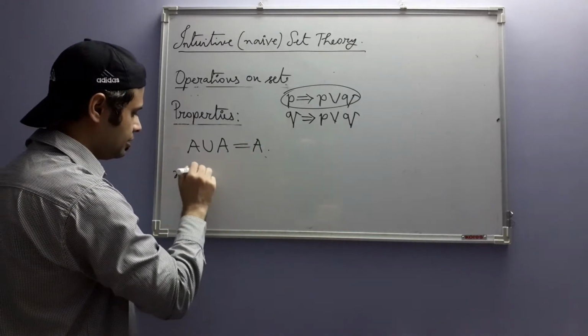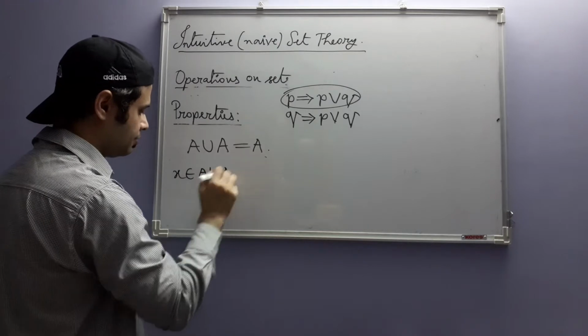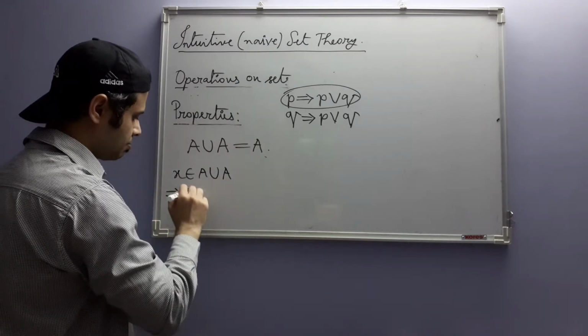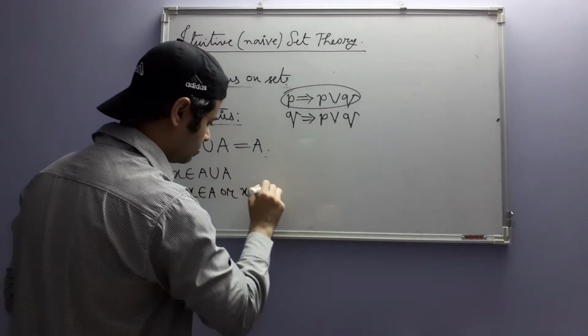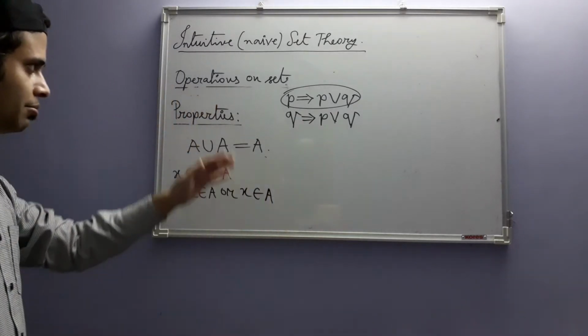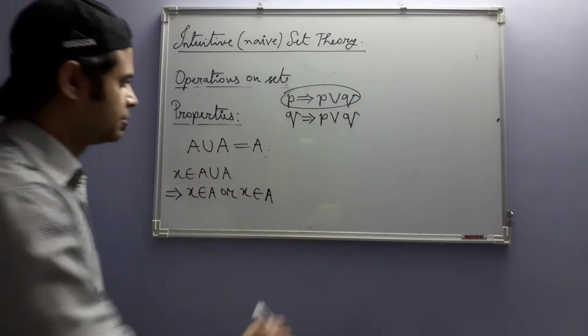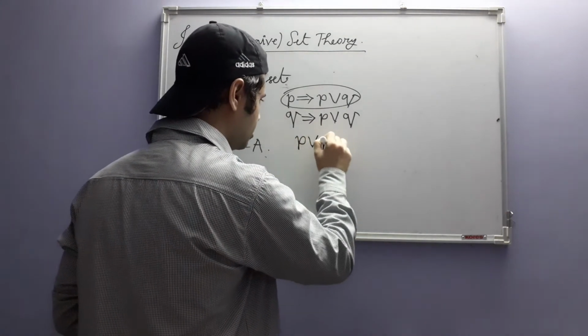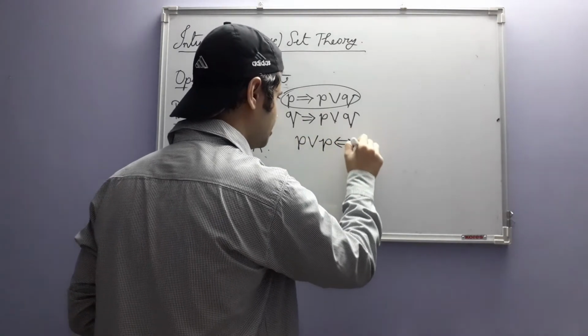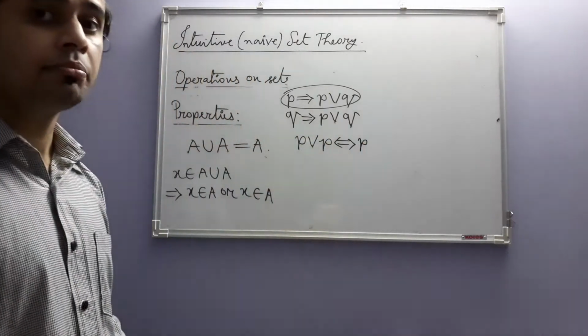So you take any element in A union A. This implies x belongs to A or x belongs to A. Now if you remember from mathematical logic, we had something like this. P or P is equivalent to P. This was called idempotence.